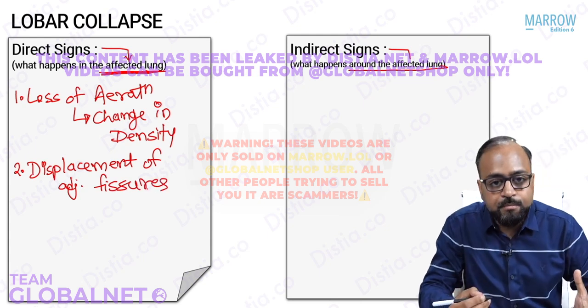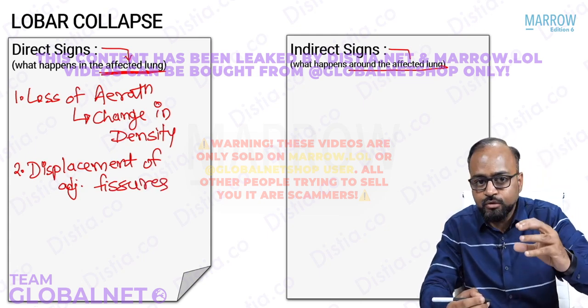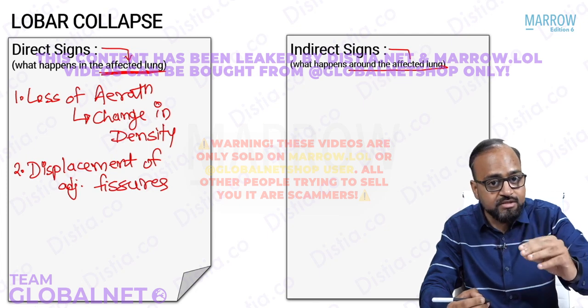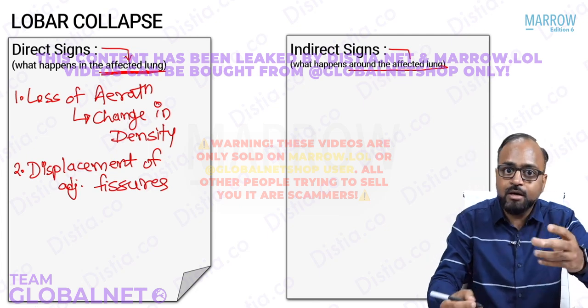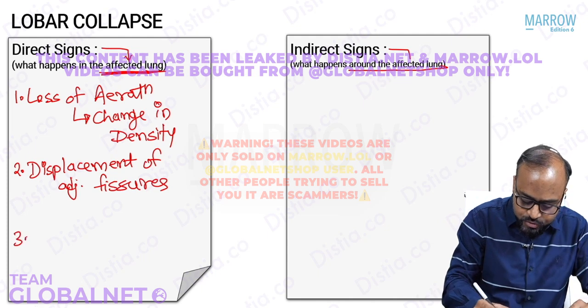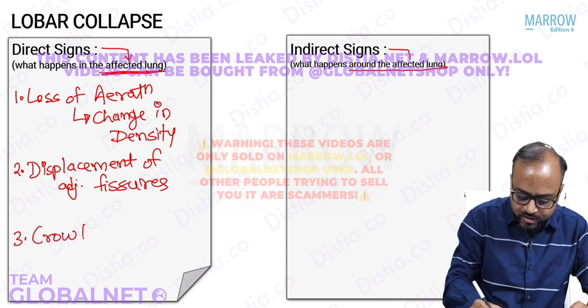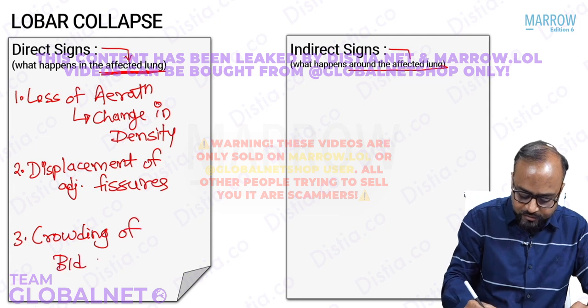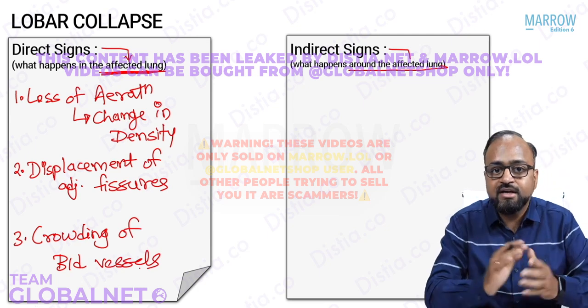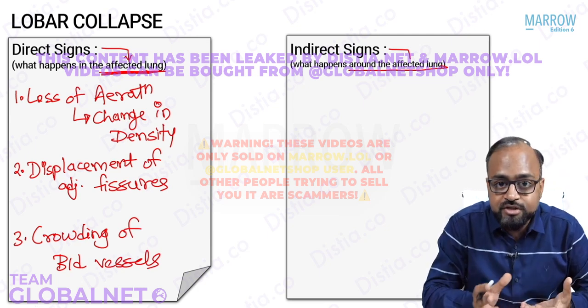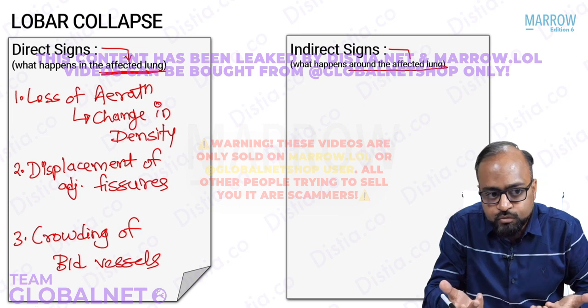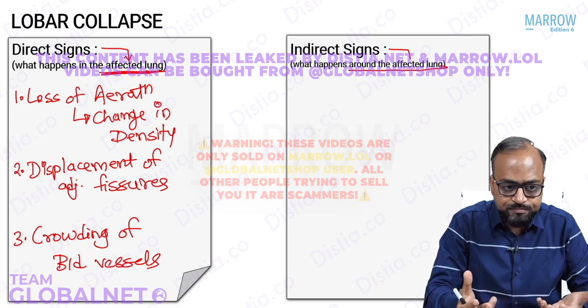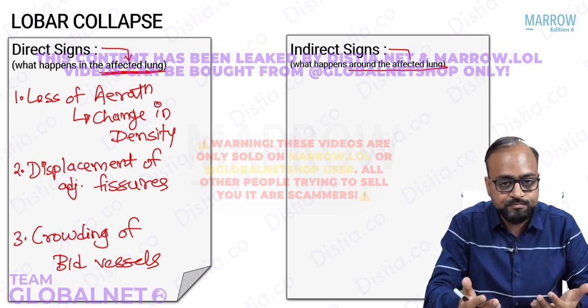Next, what will happen? Inside that lobe which is collapsed, there are blood vessels. If the lung collapses, there will be a crowding of blood vessels. So what is happening in the affected lung? These are direct signs: loss of aeration, so change in density from air density to water density, displacement of fissures, and crowding of blood vessels.